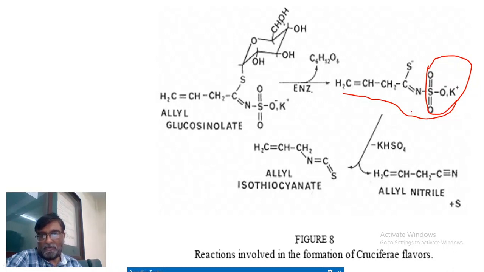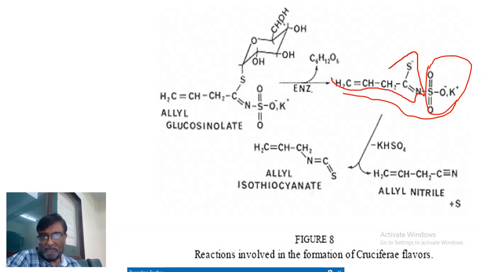So what is the case? There are two kinds of substances that will be made. One of the substances comprises this one, CN CH2, CH, CH double bond CH2, right? And the other will contain this whole part.